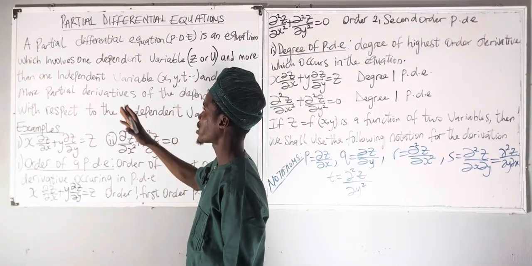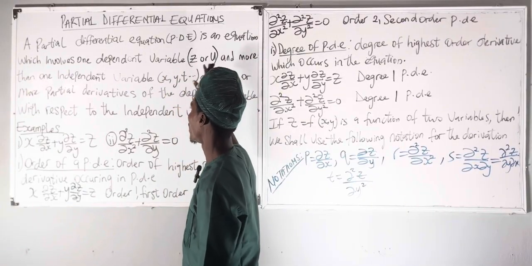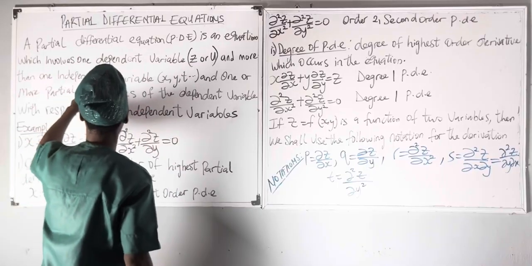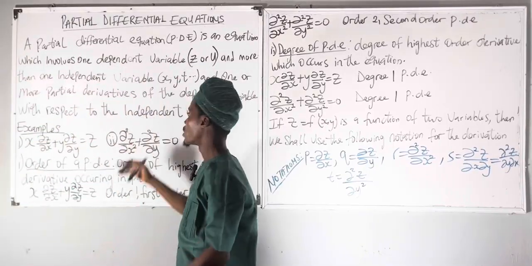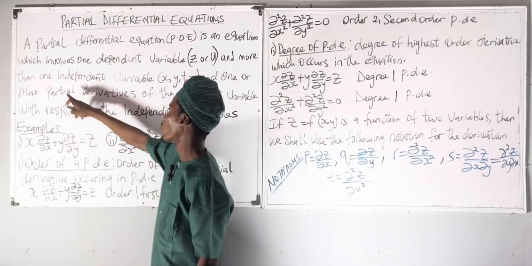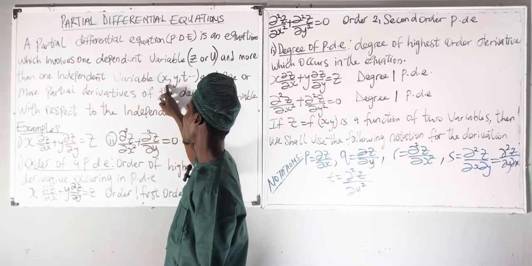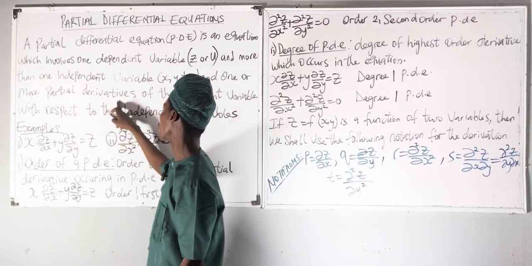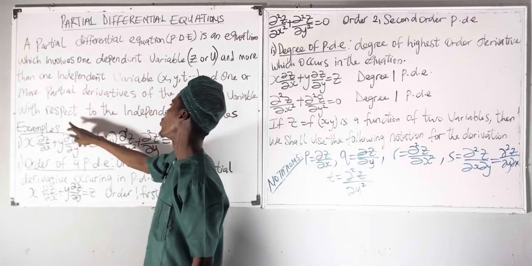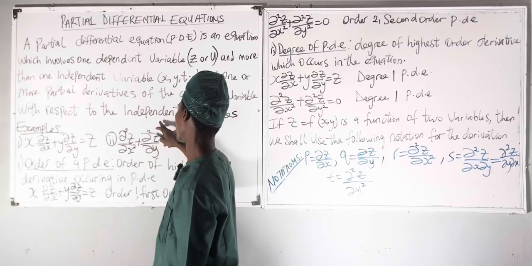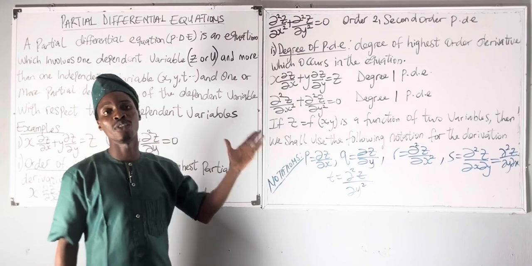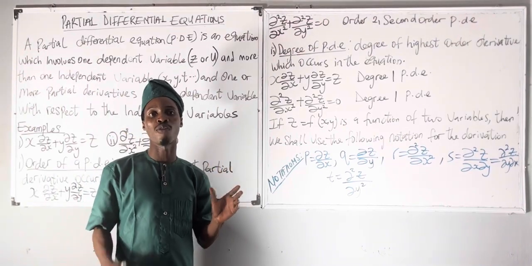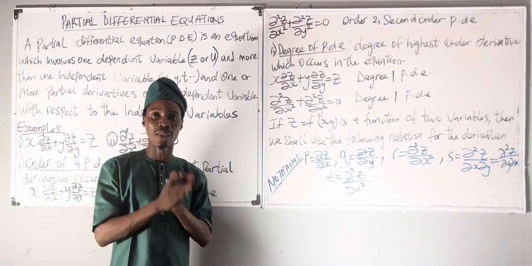I wrote that a partial differential equation, PDE, is an equation which involves one dependent variable z or u, more than one independent variable x, y, t, and one or more partial derivatives of the dependent variable with respect to the independent variables.